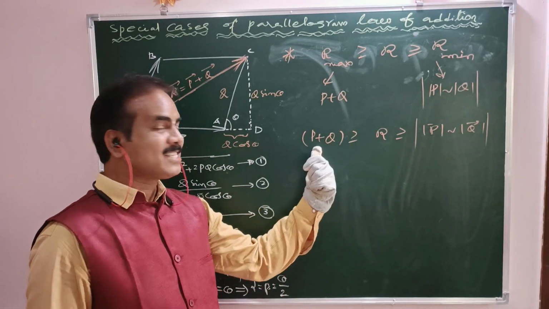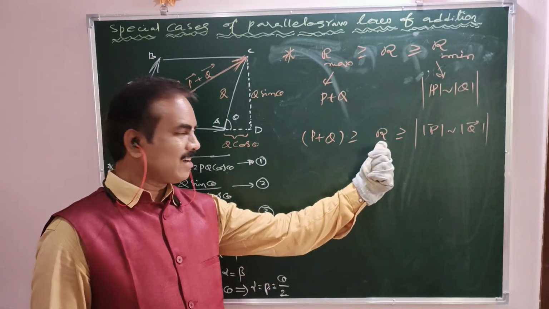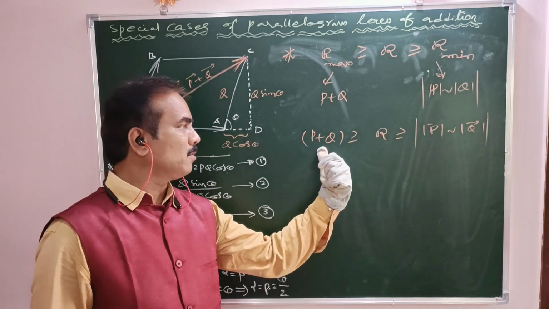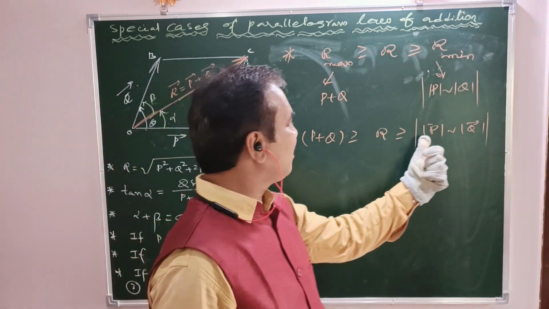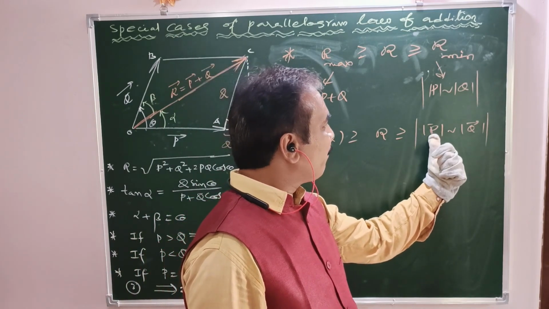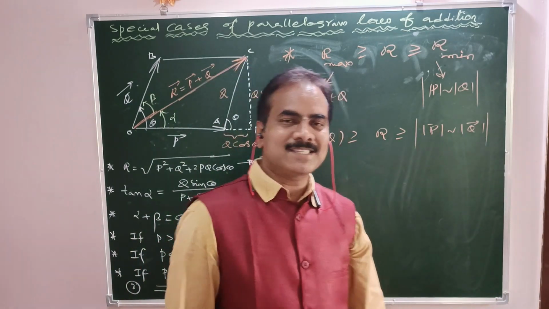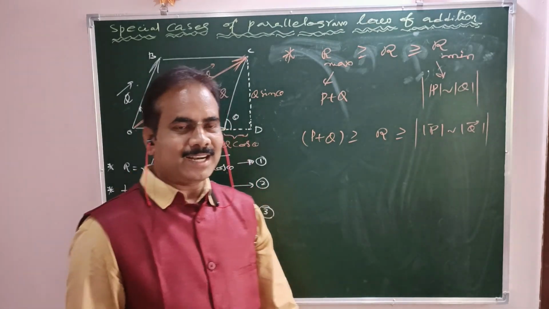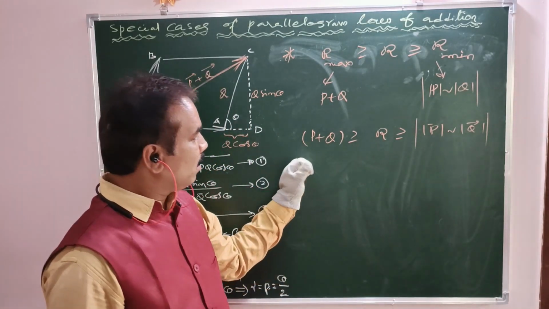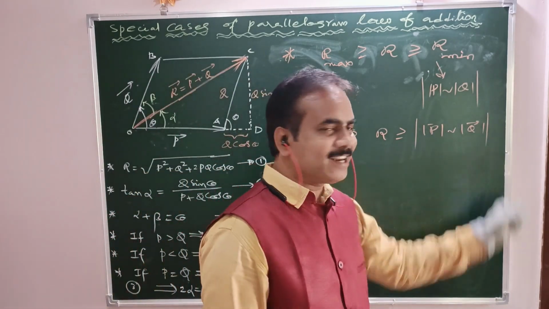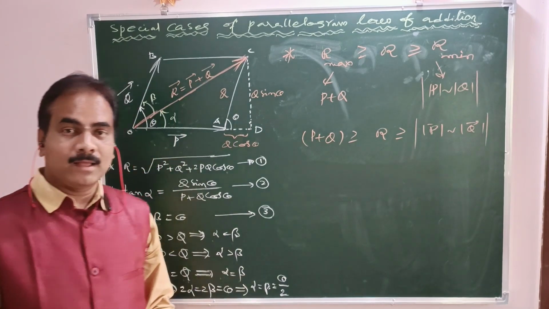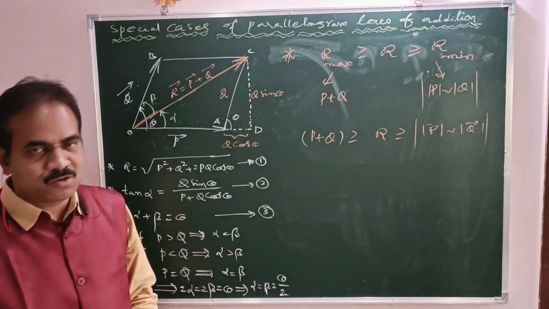The resultant of two given parent vectors cannot exceed P plus Q. At the same time, the resultant can never be less than P difference Q. It always lies between P plus Q and P difference Q. So one can have different resultant values for the given pair of vectors with change of angle between those two vectors.